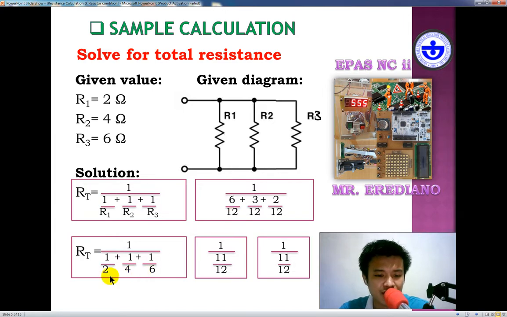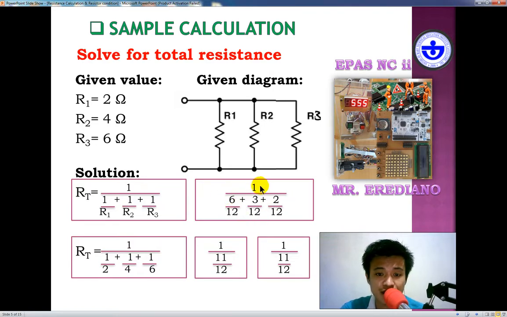Now, 12 divided by 2 equals 6 times 1, so we got 6 over 12, plus 12 divided by 4 is 3 times 1, it becomes 3, plus 12 divided by 6 is 2, and times 1, it becomes 2. We have to rewrite this way because we could not add fractions unless their denominators are the same.